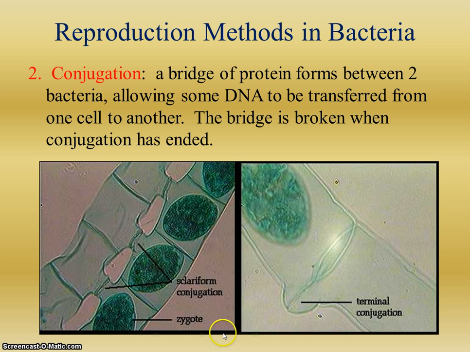What they'll do when that happens is they will transfer some of their DNA to that other bacterial cell. Once that happens, the bridge is broken. The conjugation process is over, but then those new separate pieces of DNA will be incorporated into that other bacterial cell. So it's increasing diversification with the bacterial DNA through conjugation.